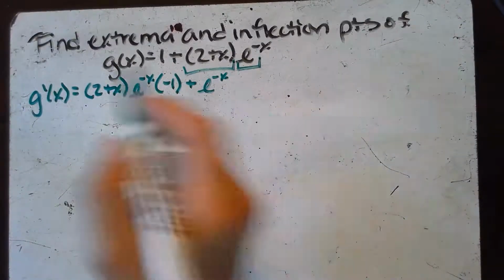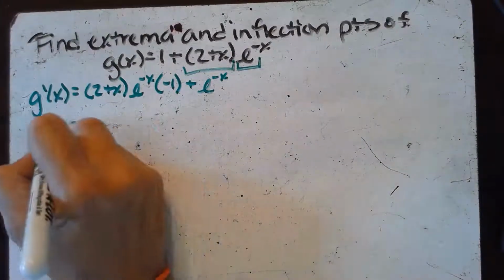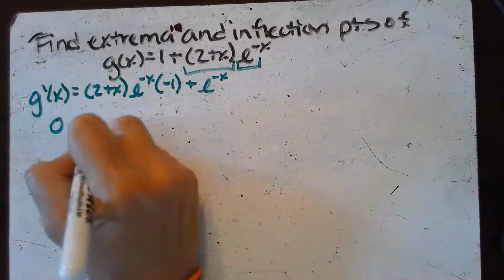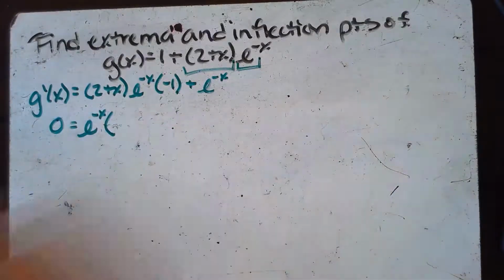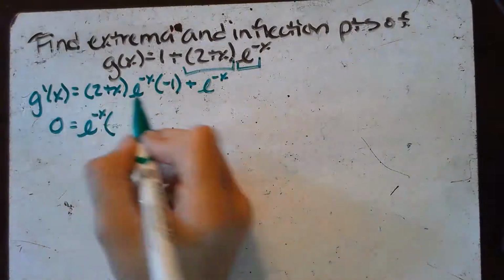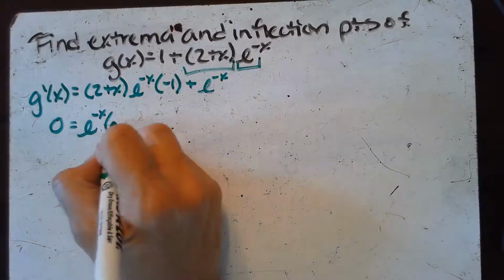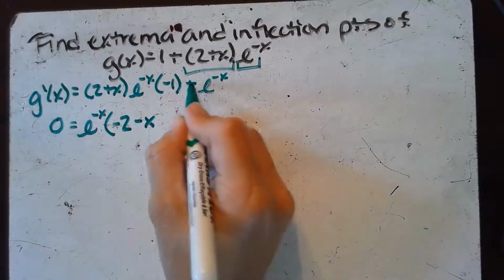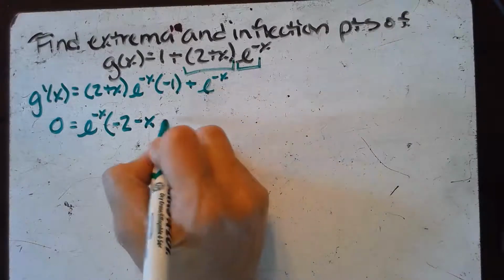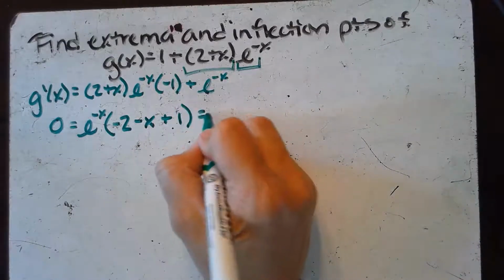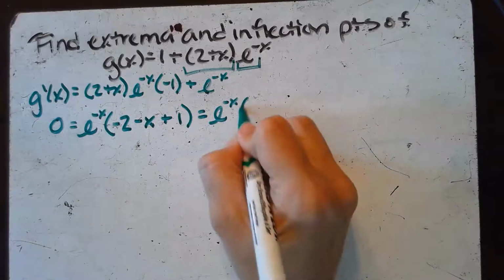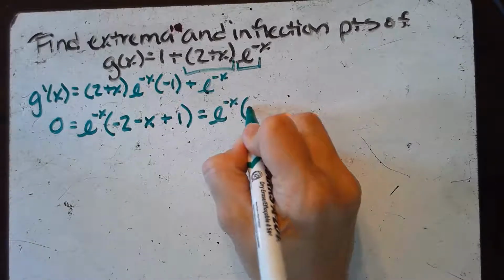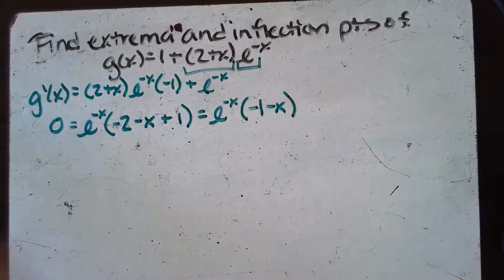What I want to know is when this equals 0, so I'm going to pull out e to the negative x. Then if I multiply through by negative 1, I get negative 2 minus x. And don't forget, you took this out, so I need a placeholder of 1. So this is e to the negative x times negative 1 minus x.